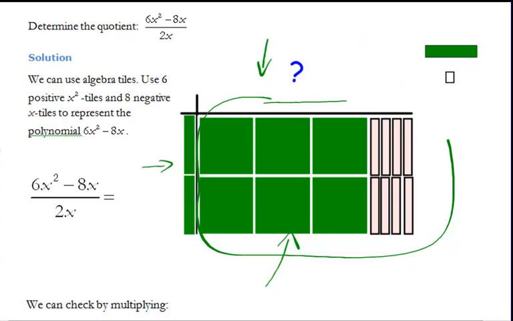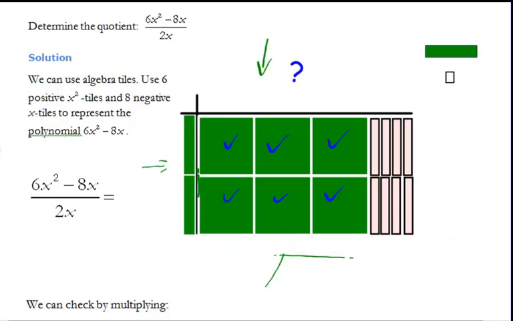So right now in the center, we have 6x squared. We have negative 8x. Now we're going to divide that by our 2x, and we're going to come up with the other factor, which will in this case be our quotient.